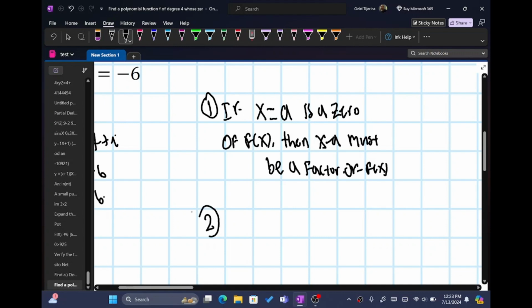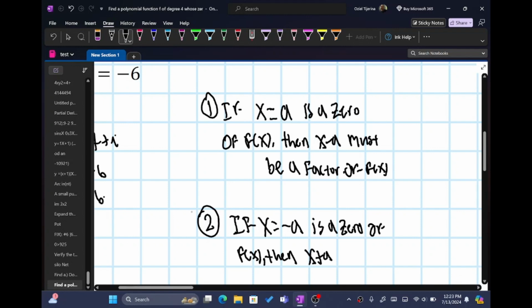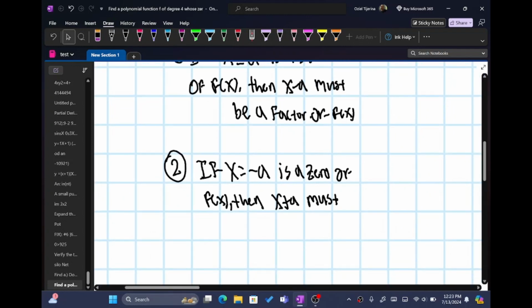And number 2, if x equals negative a is a zero of f of x, then x plus a must be a factor. So you do the opposite signs.